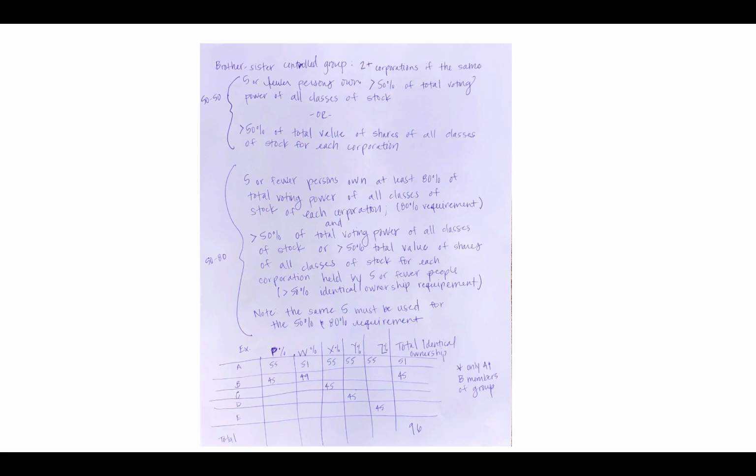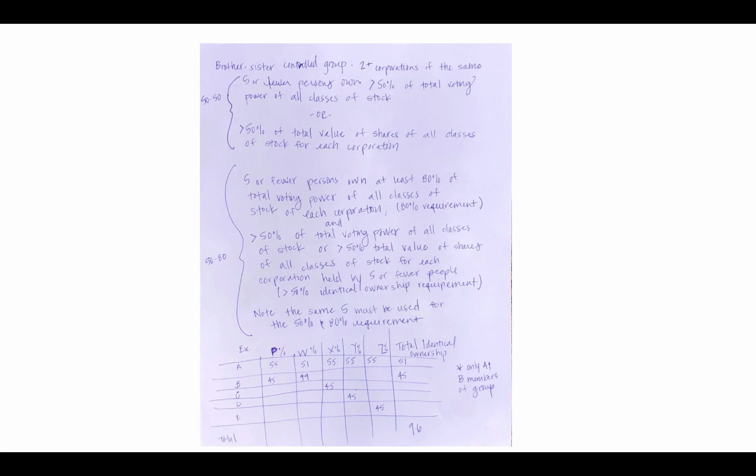So when I look at the total identical ownership of A and B in P and W, A has identical ownership of 51% of the group, and B has identical ownership of 45% of the group. So total, they have 96% total identical ownership.